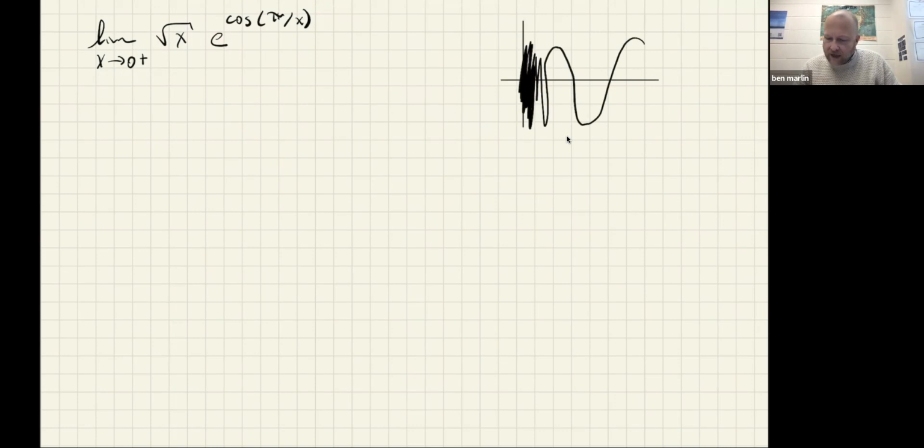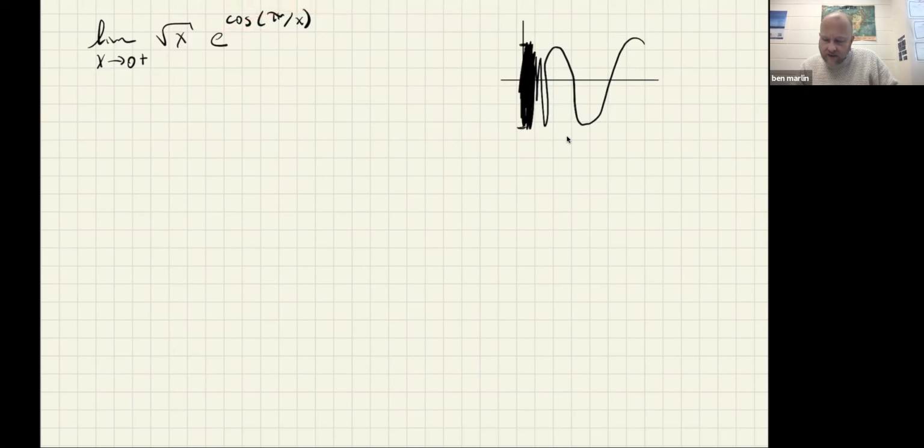The other day, somebody asked about an example where a limit just failed to exist. And this is the typical example for that. It limits in on every possible value between -1 and 1 as your x is going to 0 from the right. So that tells us that we really can't deal with that part there, okay?